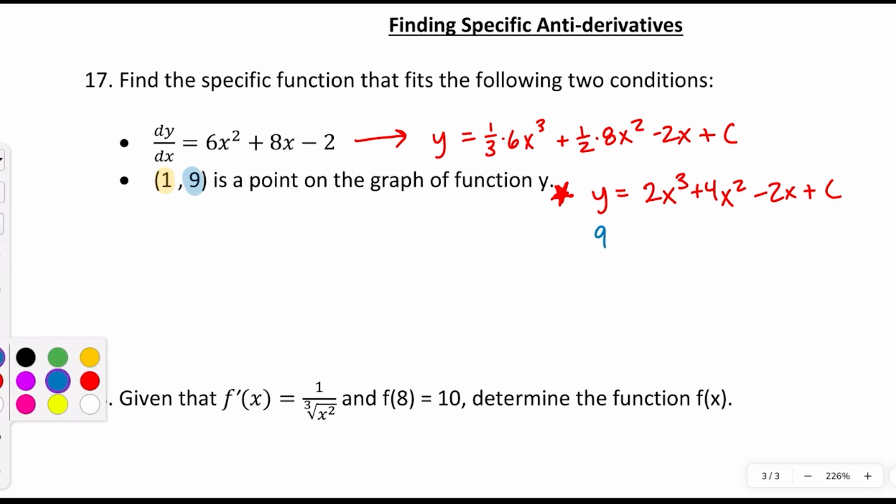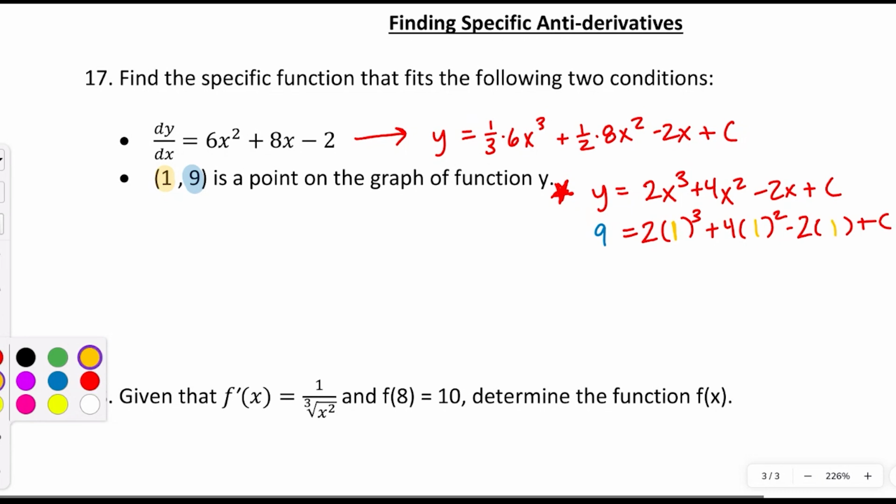So here's the 9 for y equals 2 times 1 cubed plus 4 times 1 squared minus 2 times 1.